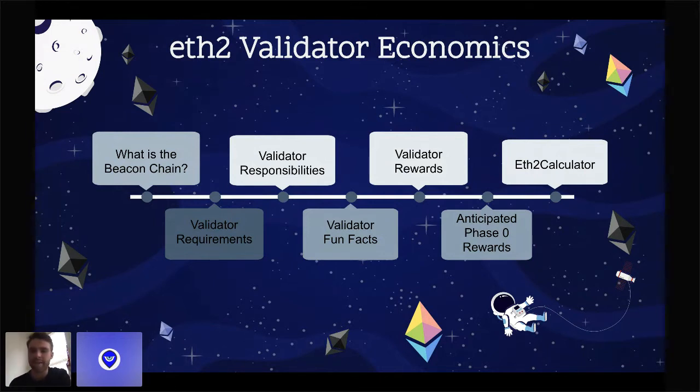So there are some cool fun facts that I think will help get everyone's mind in the right place. We'll then talk about the rewards and their drivers, where they come from, what the different sensitivities are, and then ultimately how that ties to the individual validator. We'll talk about some anticipated phase 0 rewards with some graphs that were produced in the calculator, and then ultimately I'll walk everyone through the ETH2 calculator and show you how it works, the benefits that it brings, and what its capabilities are.